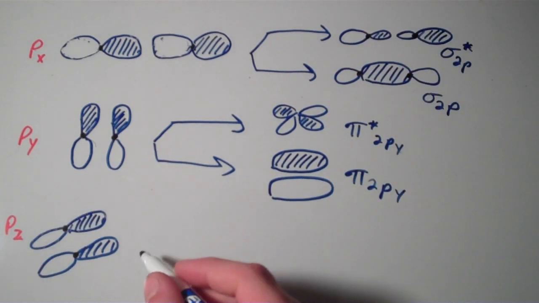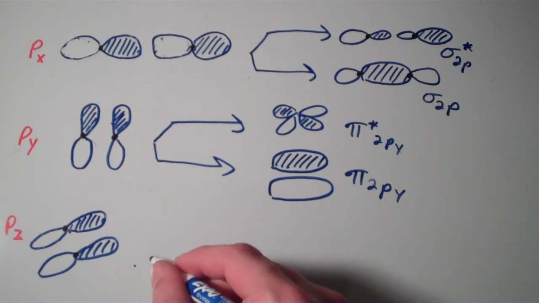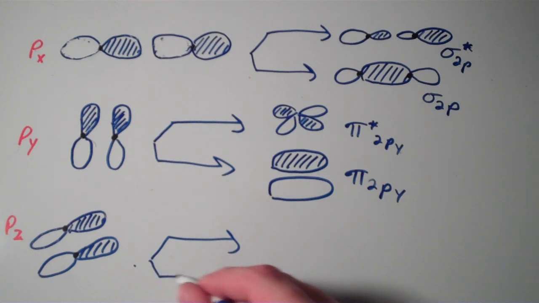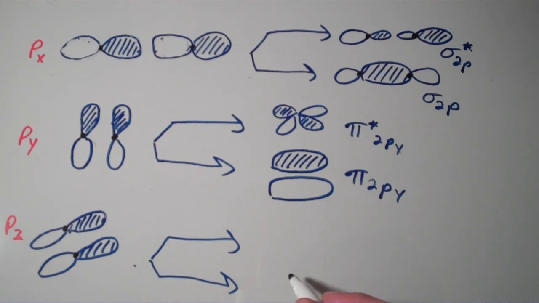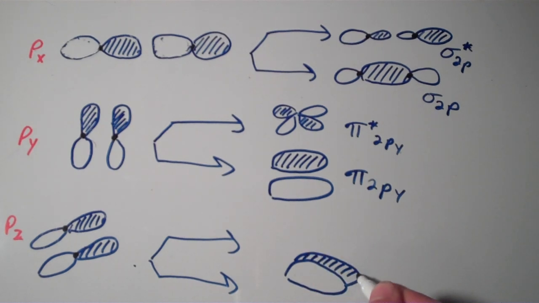So I'm going to attempt to draw this. I'm not the best artist in the world, but here we go. So the bonding MO, if I add two pz orbitals together, is going to look sort of like this. So imagine that the shaded region is behind the unshaded region. This is called the pi 2pz MO.